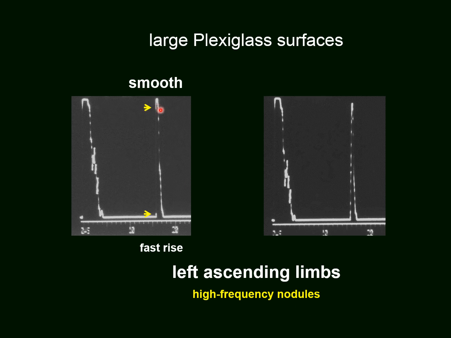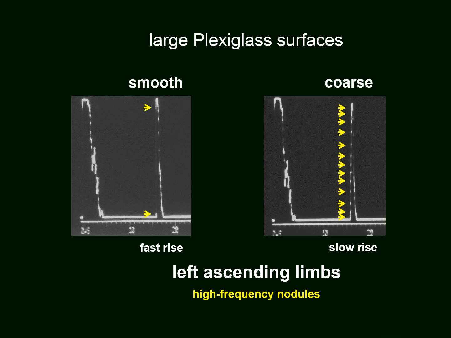On the smooth echo signal, we see here only 2 high frequency nodules. On the coarse one that rises slowly, there is much more high frequency occurring before the peak is reached.